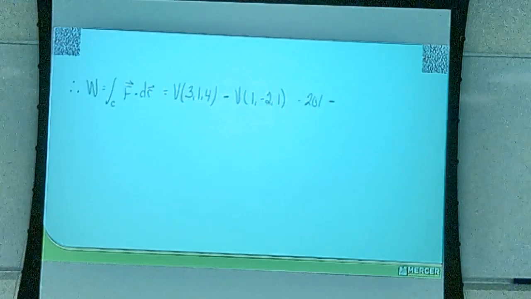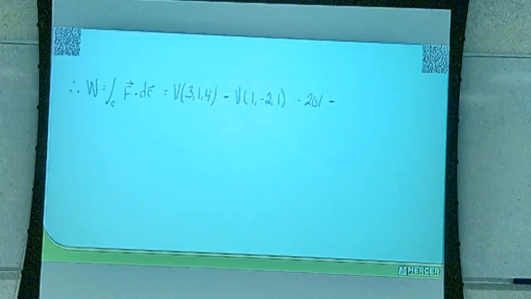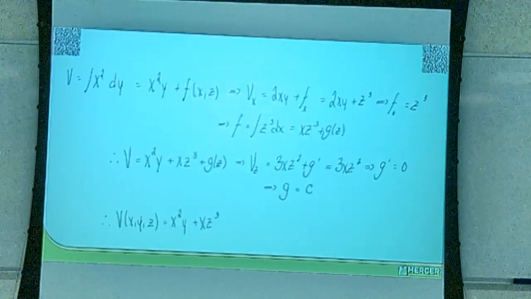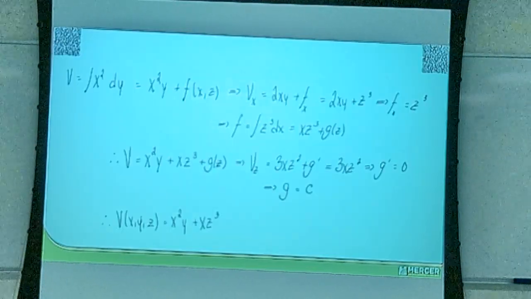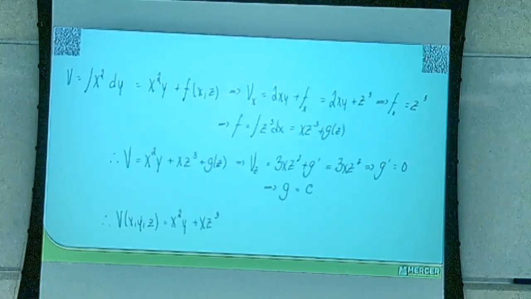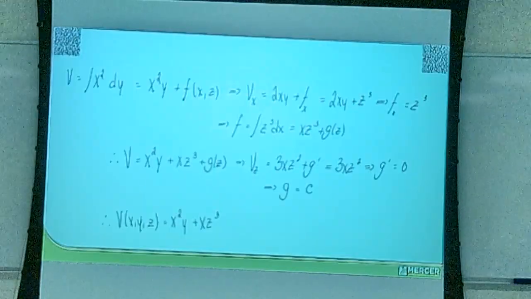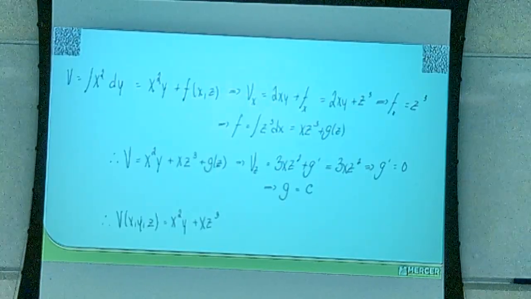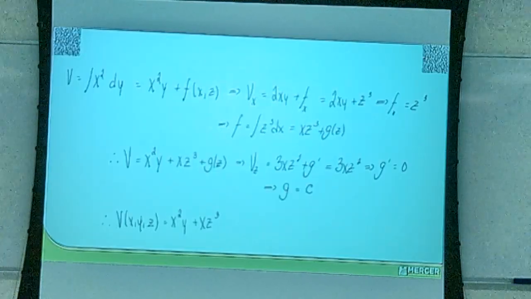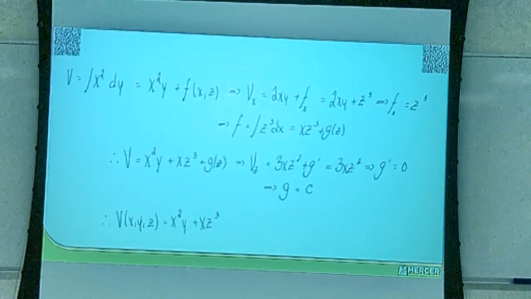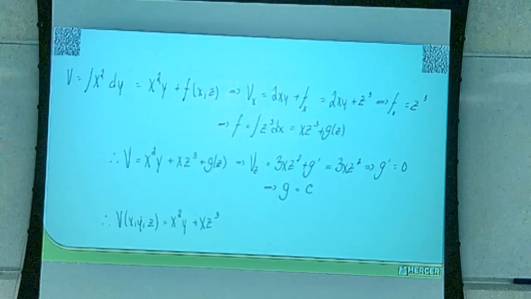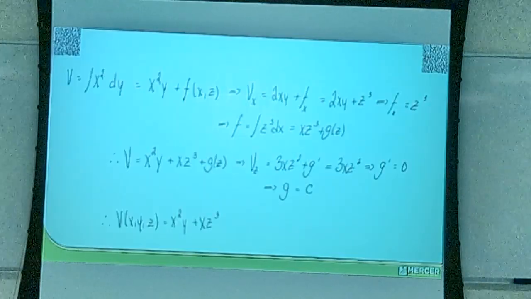V at (1, -2, 1). It's 1 squared times negative 2.